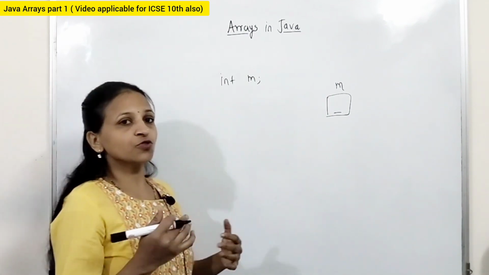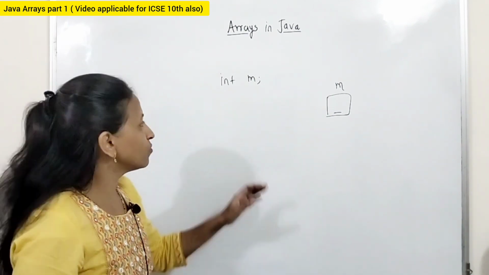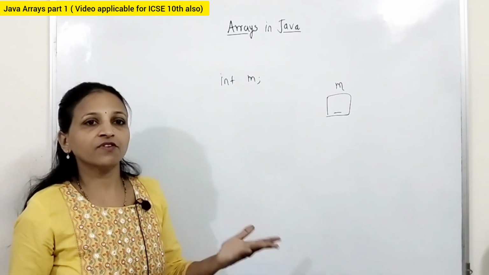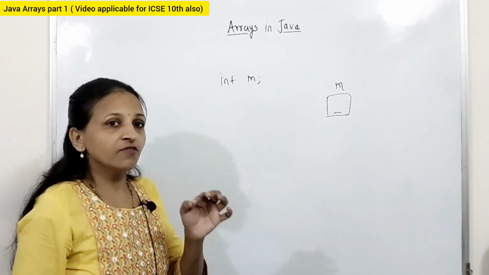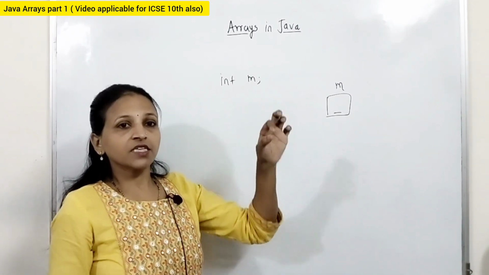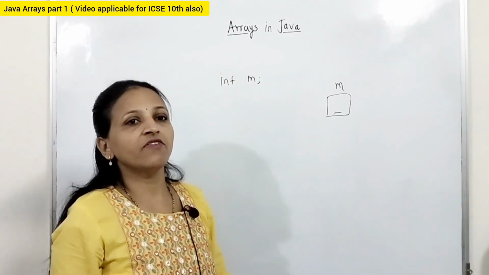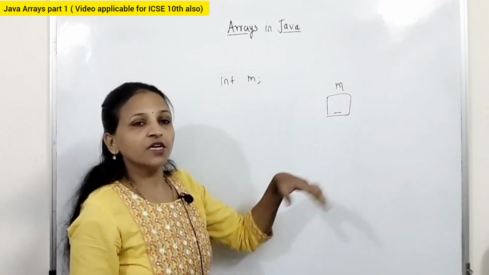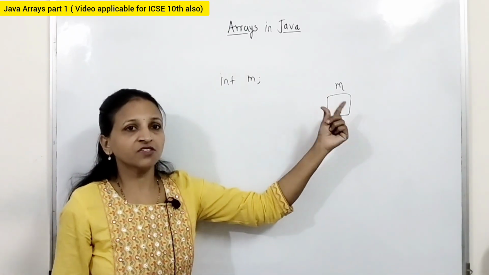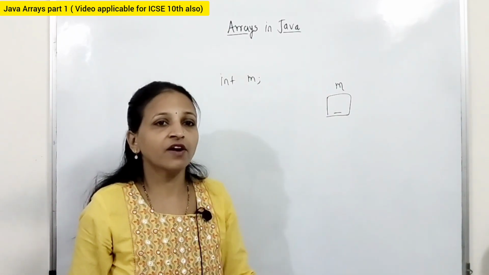If I just want to store a whole number, then we have to declare one integer variable. If you want to store any character, then declare one character variable. Always keep in mind that a single variable is capable of holding only a single value. You cannot store more than one integer, because there is memory space for only one integer.